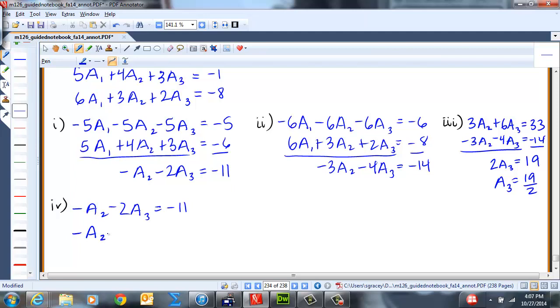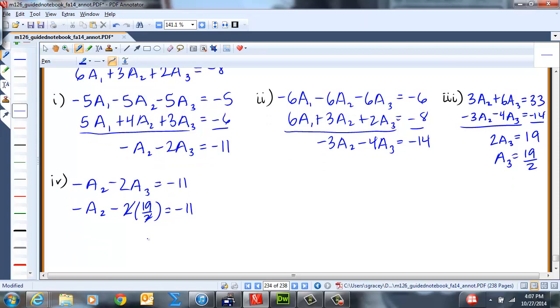So negative a2 minus 2 times 19 halves equals negative 11. These 2's will divide out. So we'll get negative a2 equals, adding 19, 8. So a2 will be negative 8. And then our next step will be to find a1.